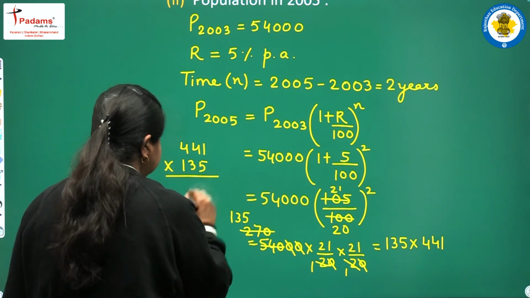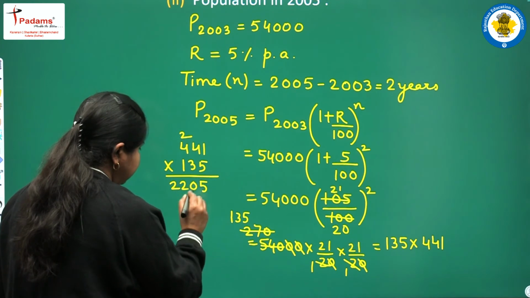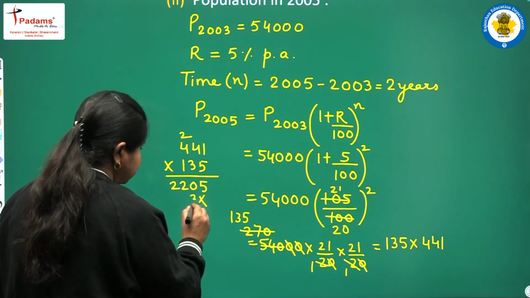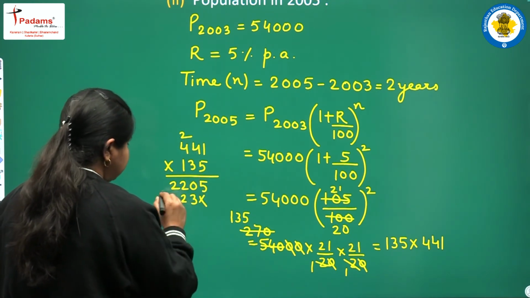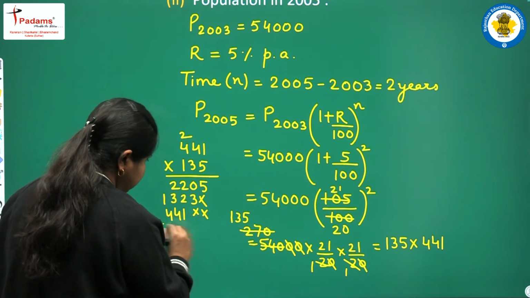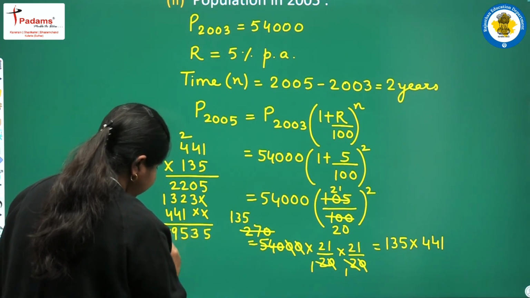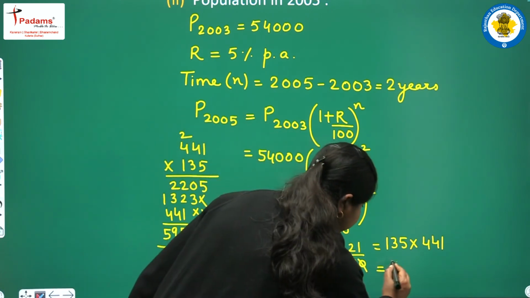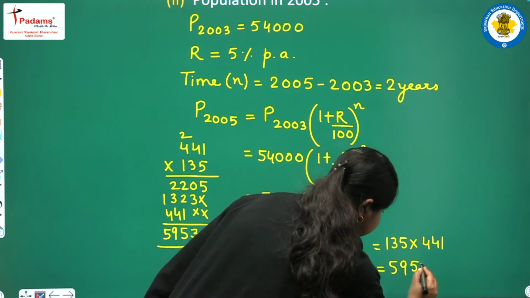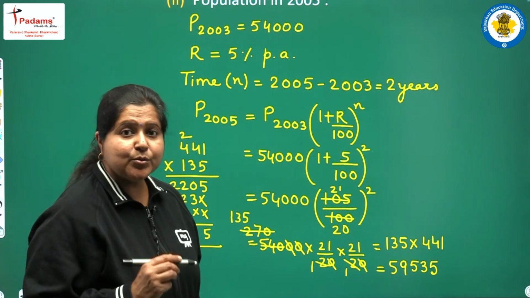Let us multiply. It will be 5 here, then 20, then here we will be having 22. Then by 3, 3 4s are 12 and 1, here we will have 13, and then by 1, 441. 5, 3, here we have 5, this is 9 and 5. So it is equal to 59,535. This is the population in the year 2005.